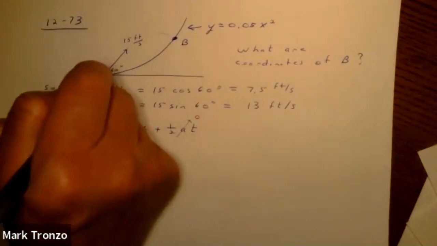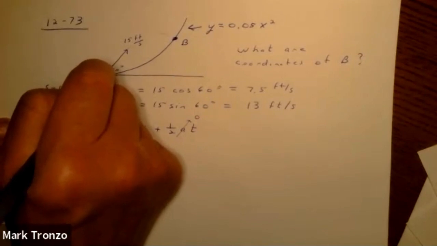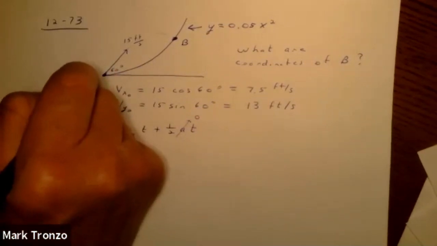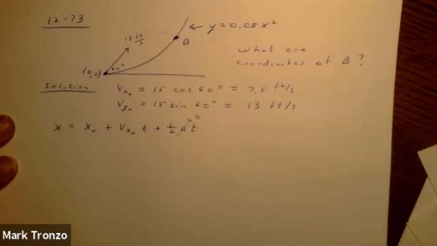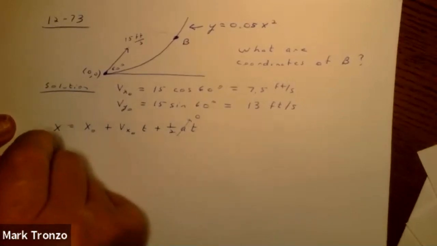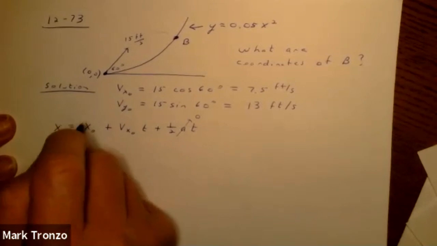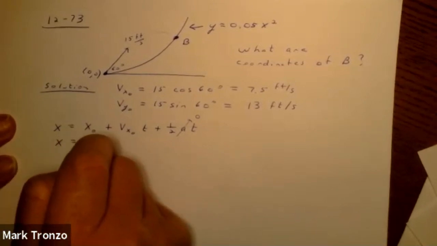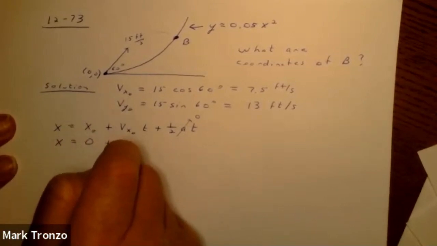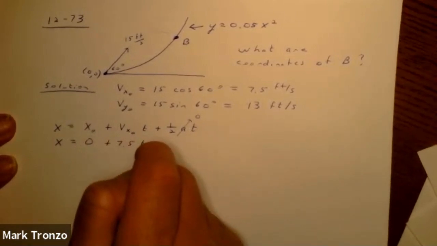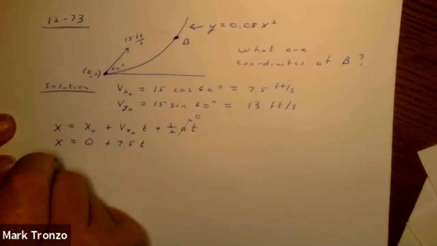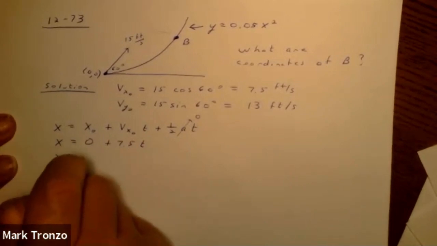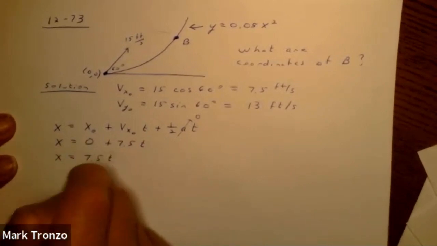Again, we'll figure it's starting right on the ground here, so let's figure the starting point is going to be 0, 0. So when we put everything in, this is going to be 0 plus 7.5 t. So actually, this is just going to be x equals 7.5 t.